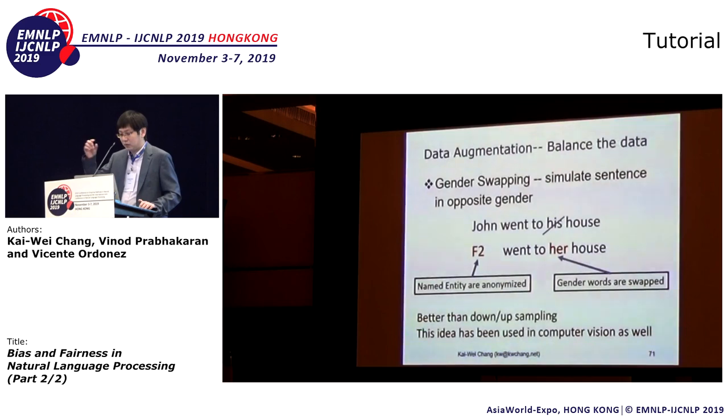Okay, so if I have a sentence like "John went to his house," I first replace John with some anonymous token, and then I replace "his" with "her." In that way, I can generate a sentence with the same context, but for the other gender. And then if we train a model on that, the model will see similar context for male and female.